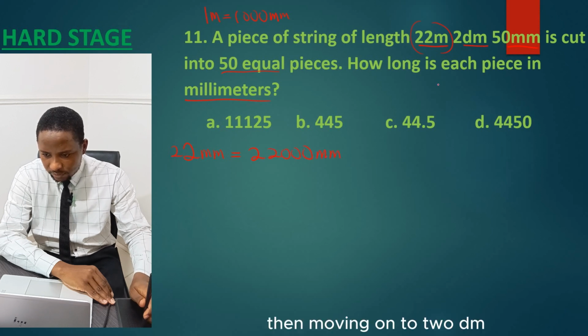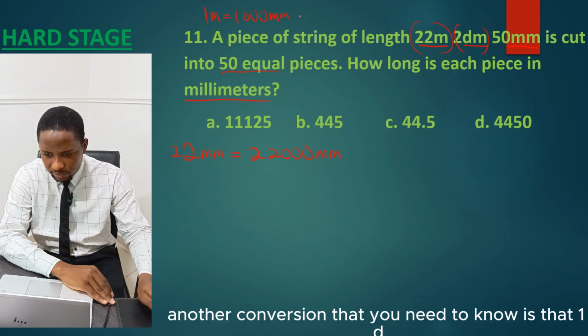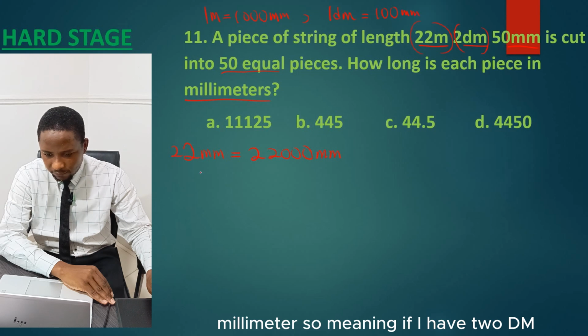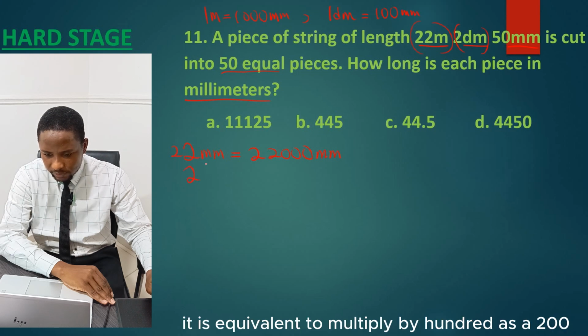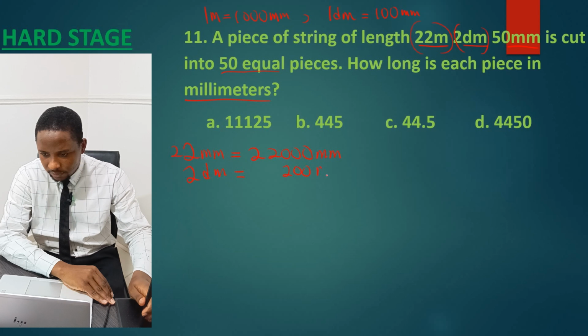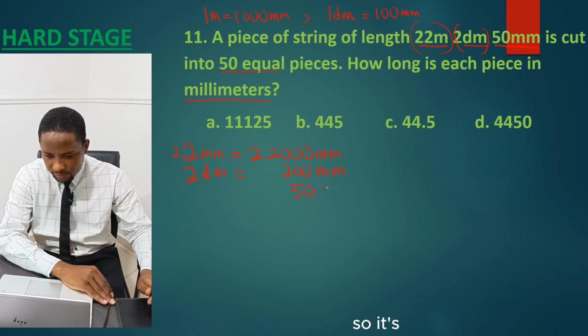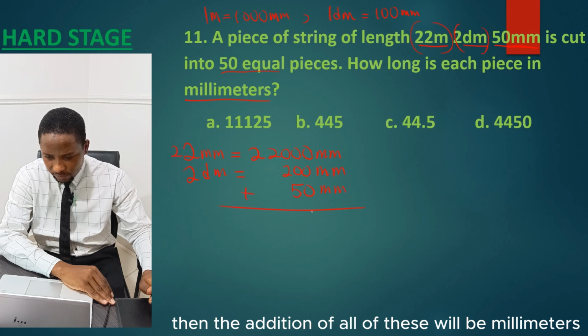Then moving on to 2 dm, another conversion that you need to know is that 1 dm is equal to 100 millimeter. So meaning if I have 2 dm, it is equivalent to multiply by 100, that's 200 millimeter. Then lastly, we have that in millimeter. So just add the 50 millimeter to it.